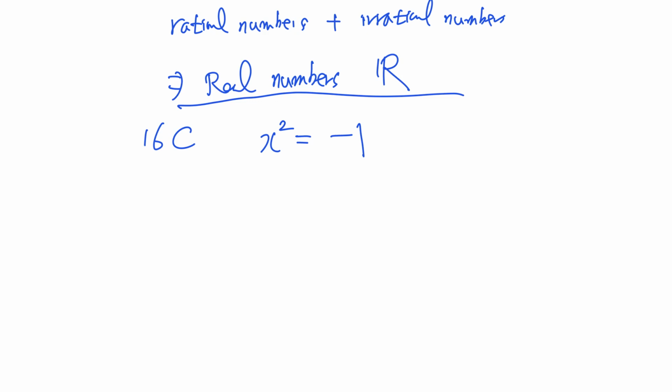History doesn't record who asked, but someone about 500 years ago asked if there's any number that squares to become -1. And he invented the following convention, i equals the square root of -1. And he named it the imaginary number.